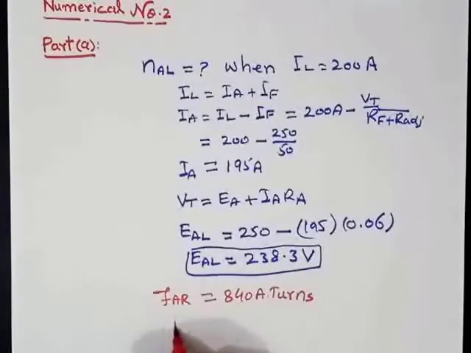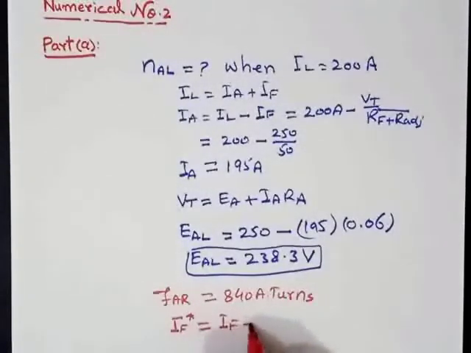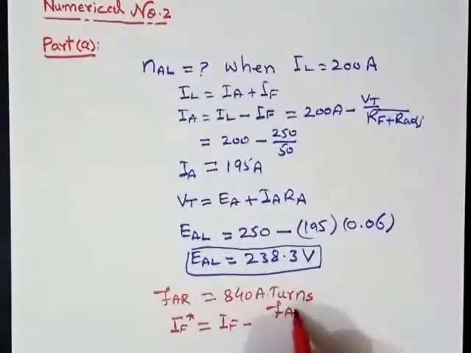Therefore, IF star will be equal to IF minus the magnetomotive force due to armature reaction divided by the total number of turns.